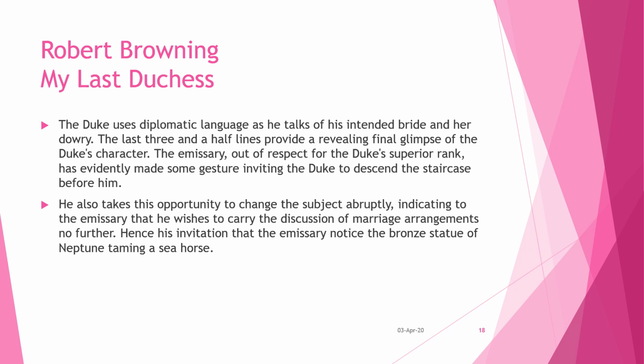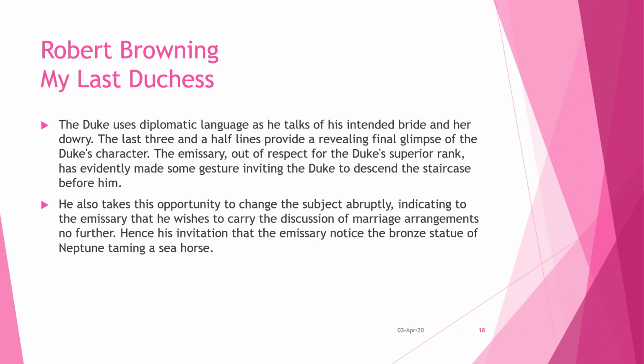The Duke uses diplomatic language as he talks of his intended bride and her dowry. The last 3.5 lines provide a revealing final glimpse of the Duke's character. The emissary, out of respect for the Duke's superior rank, has evidently made some gesture inviting the Duke to descend the staircase before him.